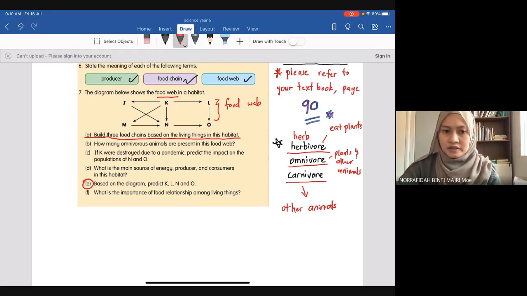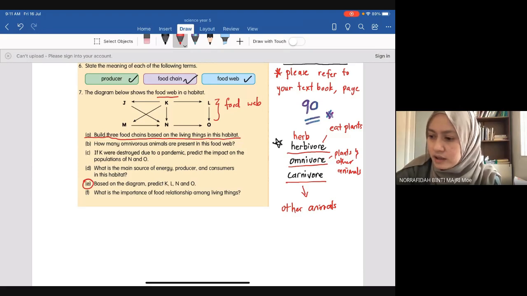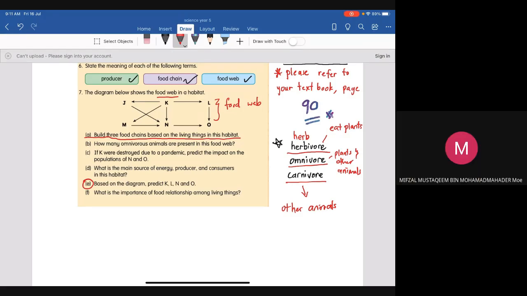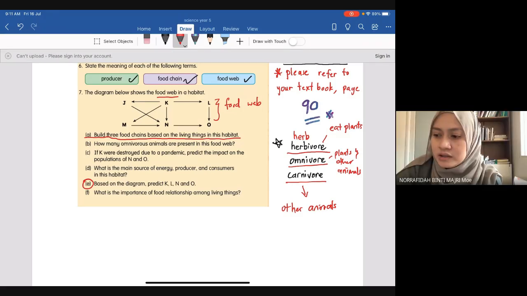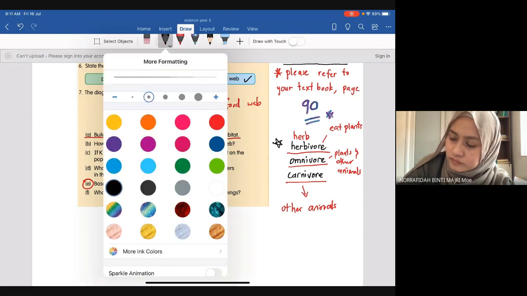It's very easy. First, you have to know which one is the producer. This is the hardest part that you need to be sure of. Does anyone know which one is a producer? K, J, N, M, O, L? Name the letter.